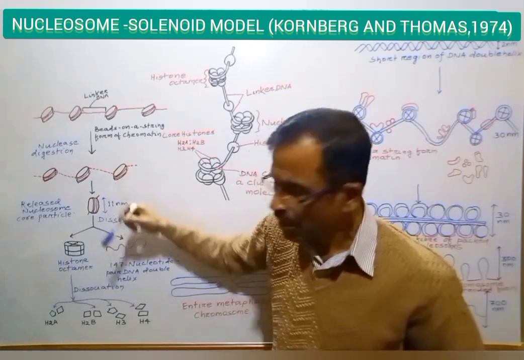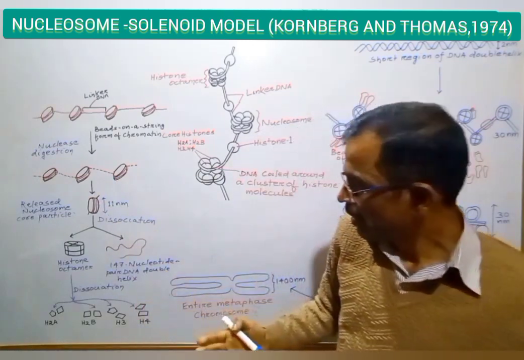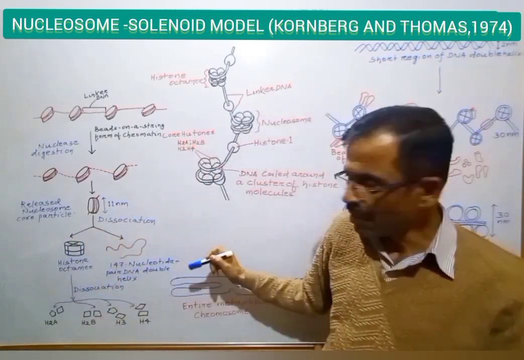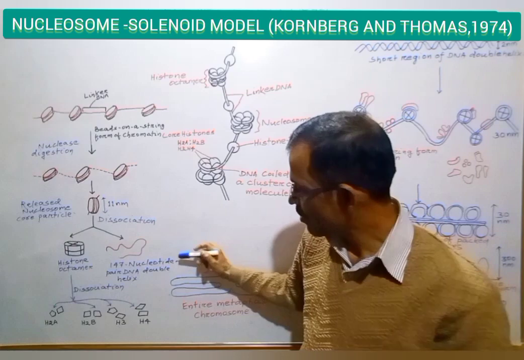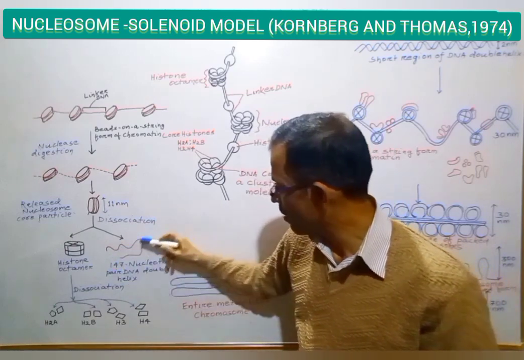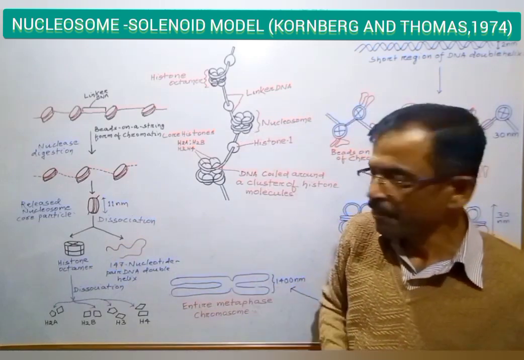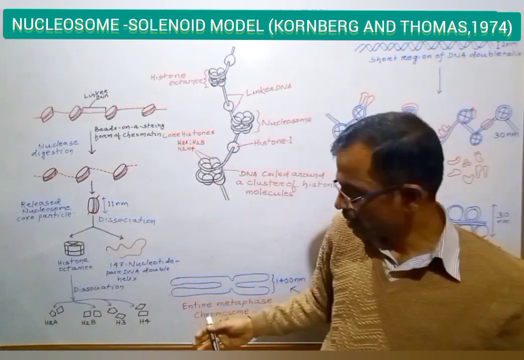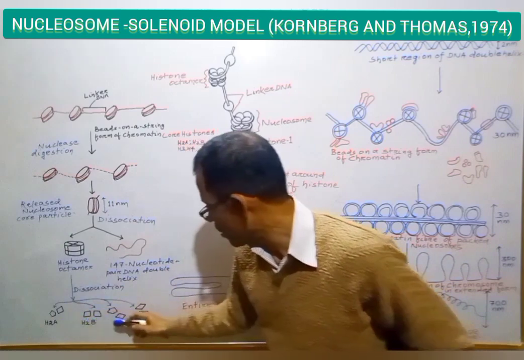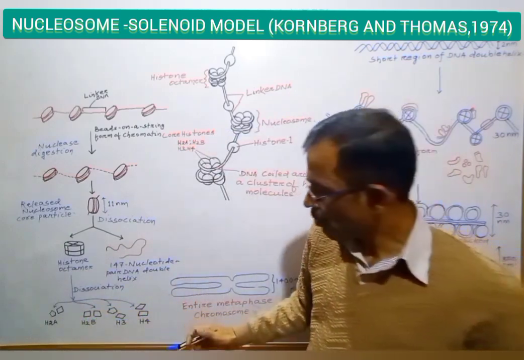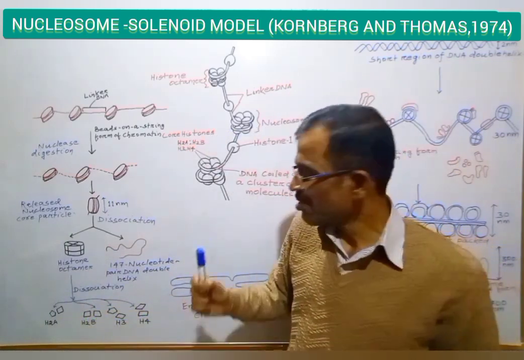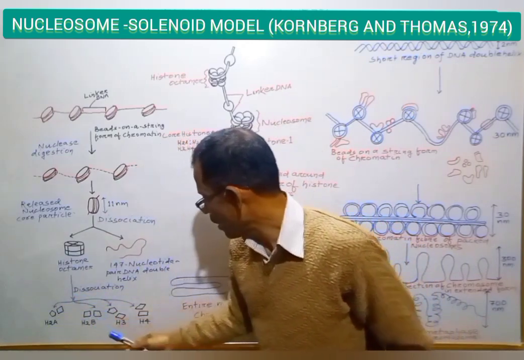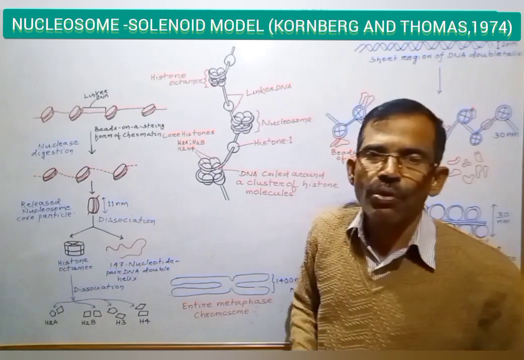The core particles can be dissociated into a histone octamer and a DNA double helix which is 147 nucleotide pairs long. The histone octamer can be further dissociated into individual constituents, which include two molecules each of histones H2A, H2B, H3 and H4.